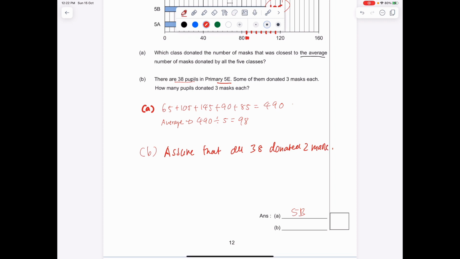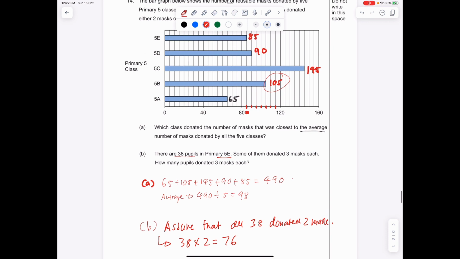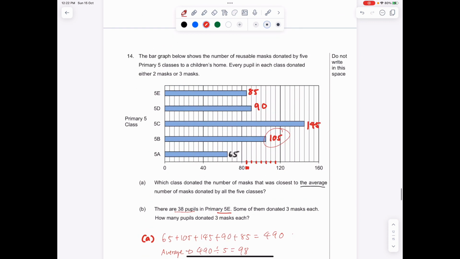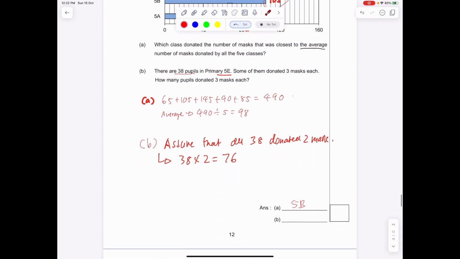If that is the case, then you should have a total donation of 76. That, however, was not the actual case, because the actual case is that there were 85 masks. So the difference would be 85 minus 76, which is 9.